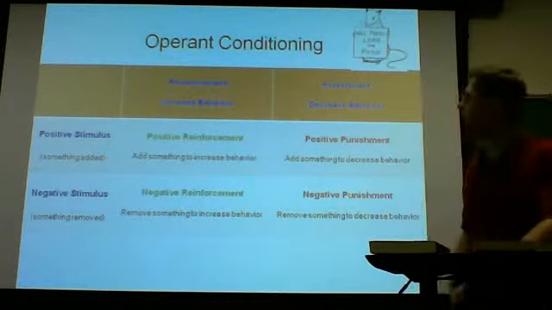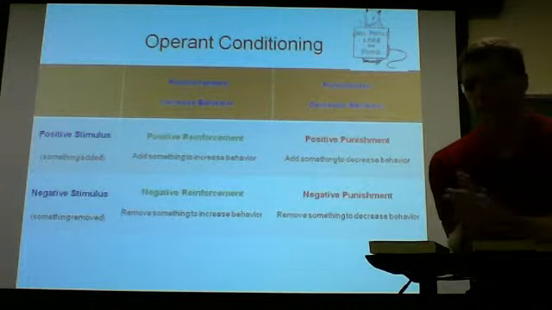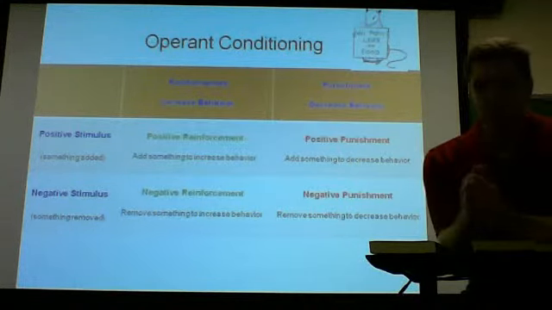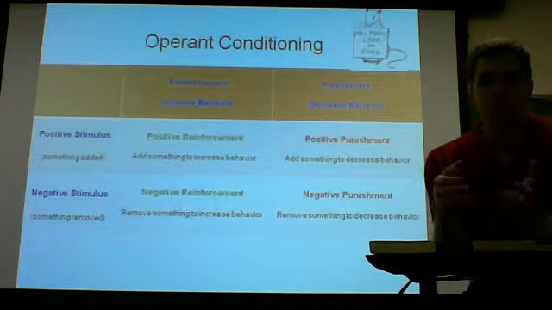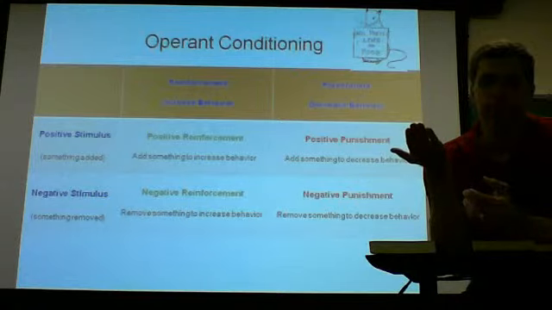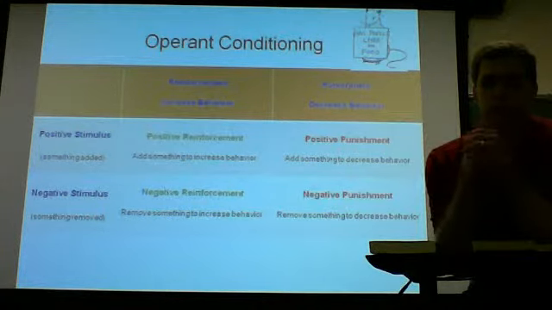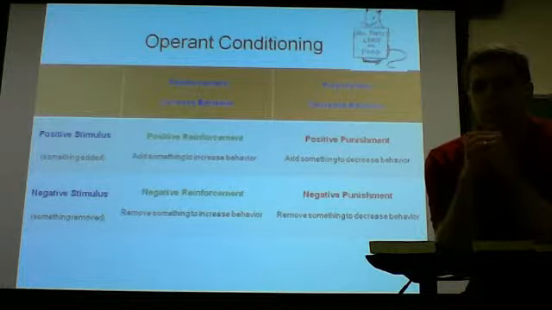Okay, let's talk about operant conditioning. Now this was proposed by B.F. Skinner, and Skinner came up with the concept of reinforcements and punishments. Now reinforcements increase behavior, punishments decrease behavior. But he also came up with the concept of positive and negative.